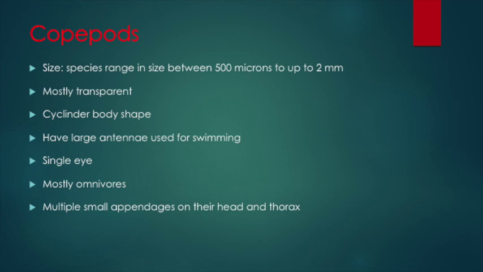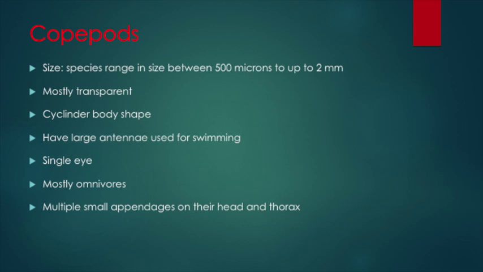The third class of zooplankton that we're going to look into are copepods. And copepods are small little crustaceans. Could be freshwater or aquatic, or oceanic. Their size ranges from about 500 microns up to 2 millimeters. And they're characterized for being mostly transparent, usually cylinder body shape.